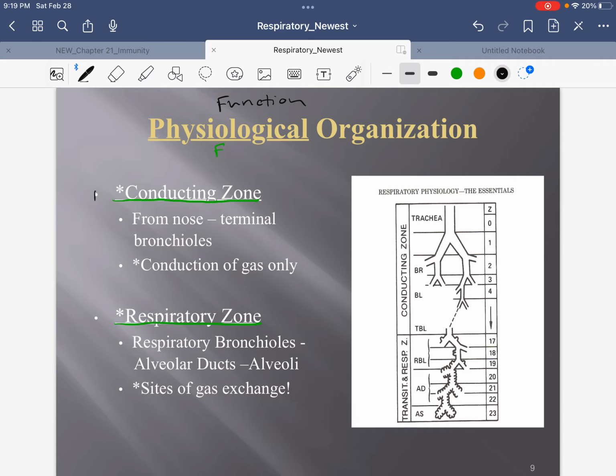Why this first one is called the conducting zone is because what is its function? To conduct gases, to move gases in and out. This is from the nose all the way down to the terminal bronchioles. That's why it's called terminal bronchioles, because it's the end of the conducting zone.